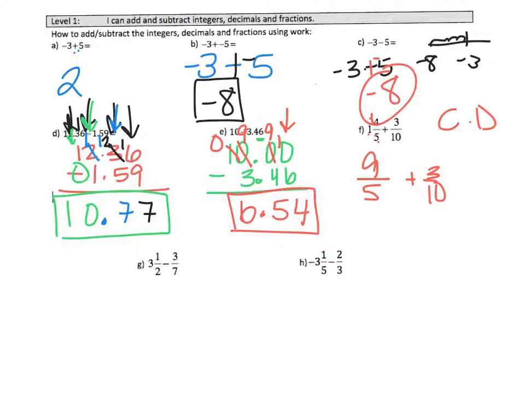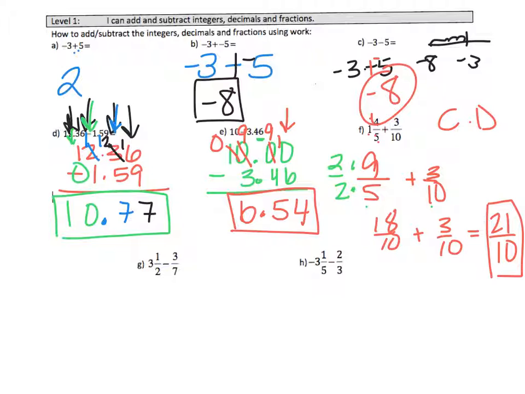So I start thinking, how can I get 5 to become 10? Well, I can multiply by 2, and you have to multiply the top by 2 as well. So this first fraction has become 18 over 10 plus 3 over 10. And now I can put the numerators, the tops, together to get 21 over 10.